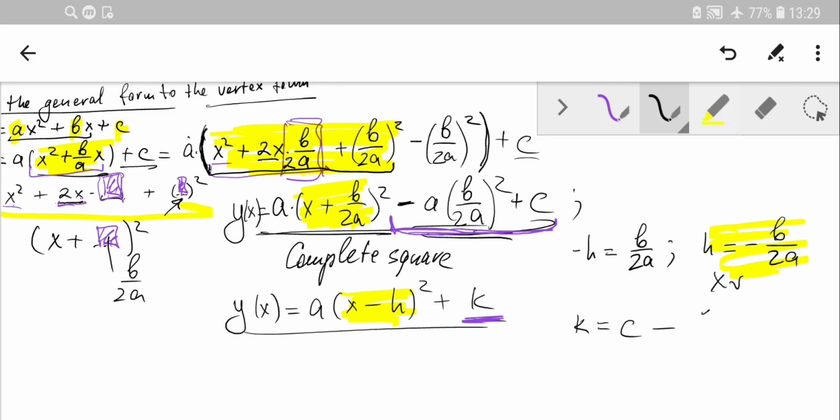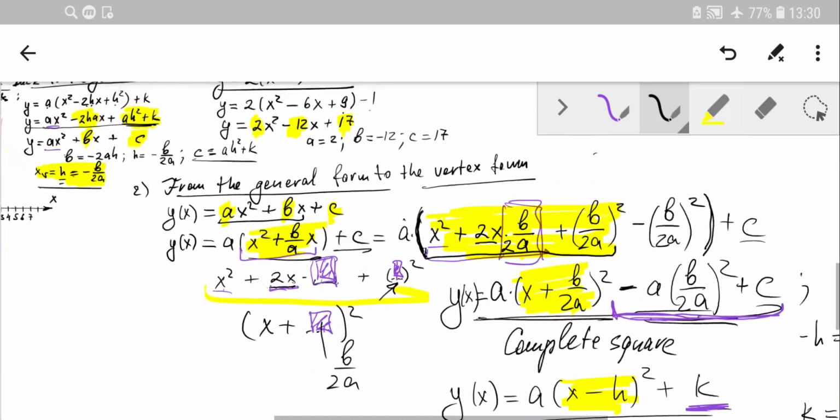If I raise up power 2, b squared, and the bottom part will be 4a squared. So one a will be cancelled. So I'll get 4 with a in the bottom part. And that's your k. That's your y vertex. Okay? That's the connection. Negative b squared over 4a plus c, that's your k value.